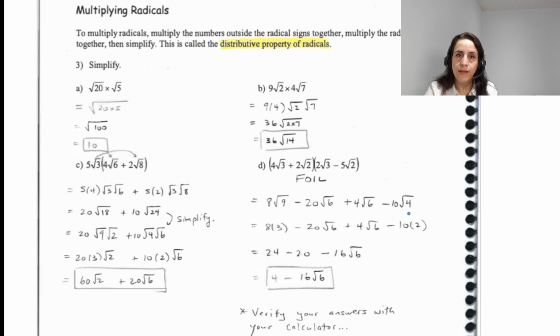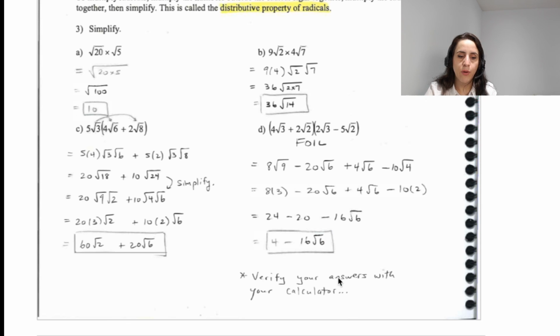Radical 9 and radical 4, I know what the answers are. And then 24 minus 20, and I have negative 20 radical 6 and 4 radical 6, that are alike radicals, so I'm going to add them together. It is my final answer.